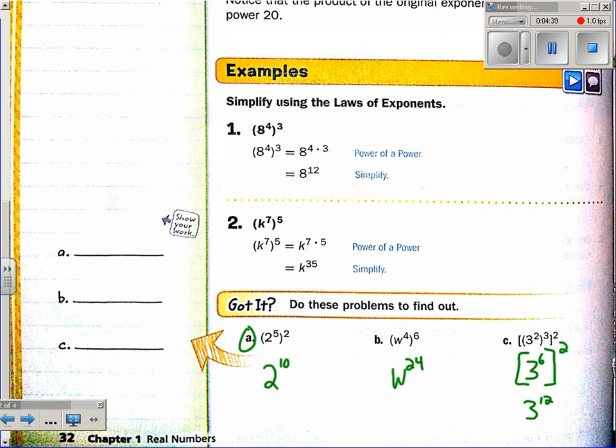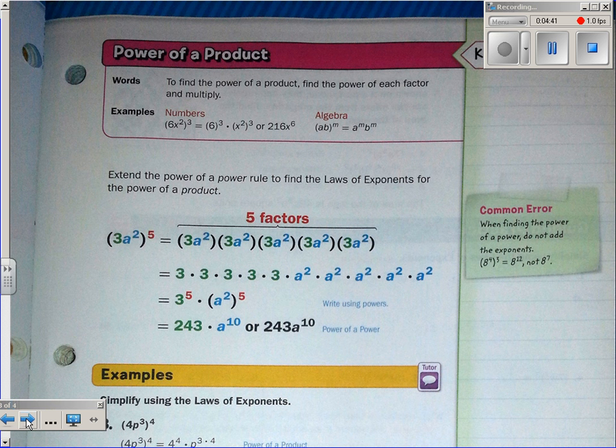Okay. Now we're going to get a little bit more complicated. Instead, we're going to have more than one base, like there's going to be more inside the parentheses. So 3a squared to the 5th exponent. You would think about this as 3a squared multiplied 5 times. That's what we have over here, 5 factors. Now they rearranged it to put all the 3's together and all the a's together.